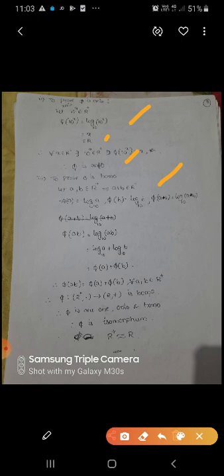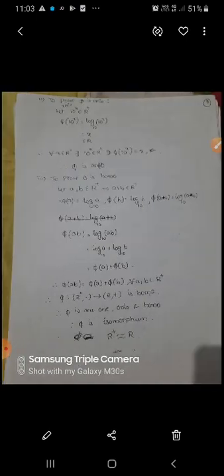Now third, to prove phi is a homomorphism, let A, B belong to R plus. We have that R plus under multiplication is a group, and R under addition is a group.